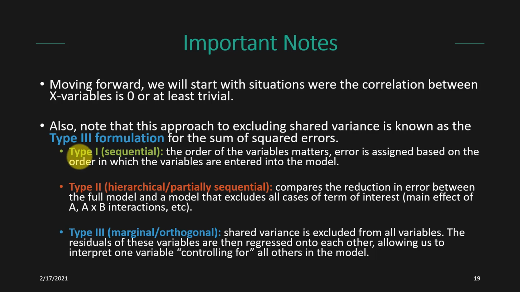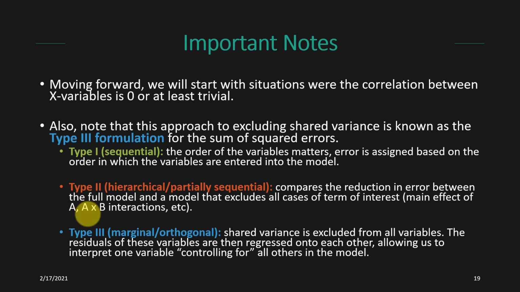So if you say, well, I want to attribute that variance to age, because I think that age is the natural process that's driving both height and weight, right? Then you might use type 1 sums of squared errors and put age in your model first, then the shared variance goes to age, and then you could add height as a second variable later, right? And now that shared variance belongs to age, not to height.